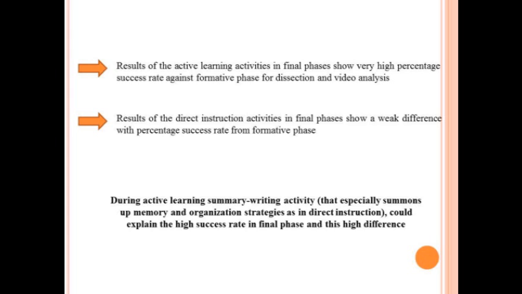We can propose that during active learning, the summary writing activity, which especially uses some of the memory and organization strategies as in direct instruction, could explain the high success rate in the final phase and this high difference.